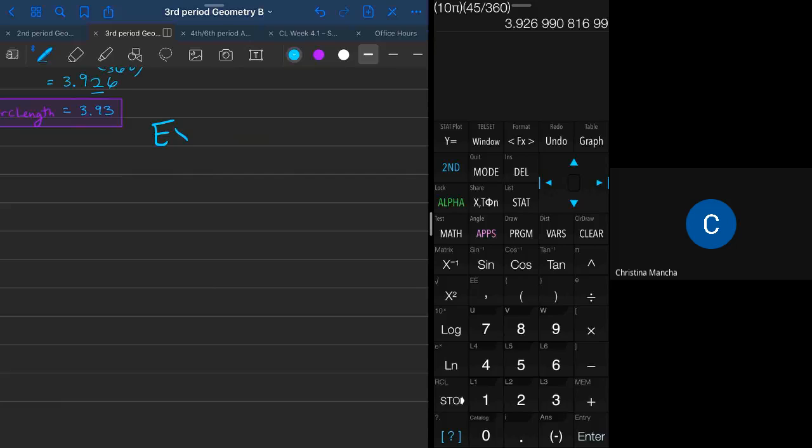Okay. So here's my second example. I do have a circle once again. Okay. I do have a center. This time though, we have an angle that's a little bit different.